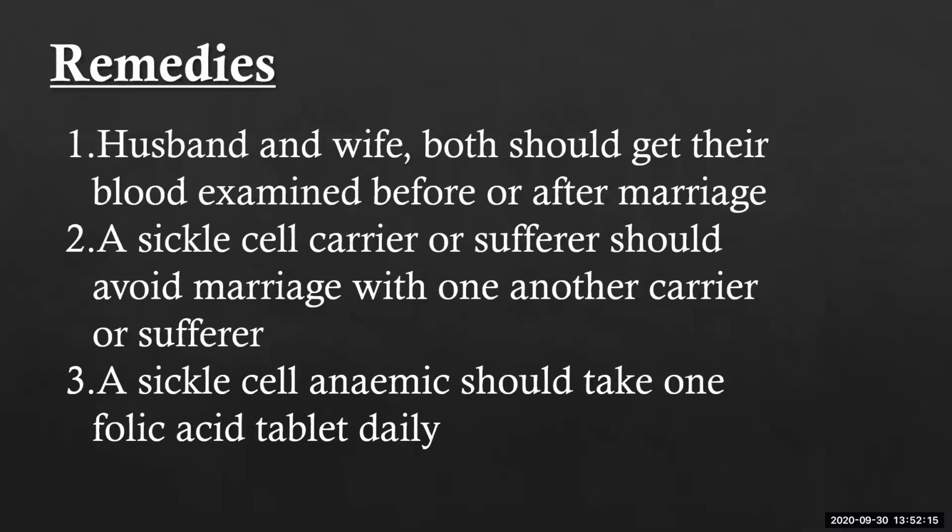Also, the carrier or sufferer should avoid marriage with another carrier or sufferer, and those who are suffering from sickle cell anemia should take a tablet of folic acid daily. So these are the remedies for sickle cell anemia sufferers. Now let's get our blood tested so that we can overcome sickle cell anemia.